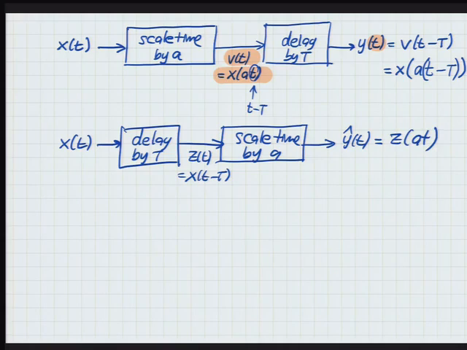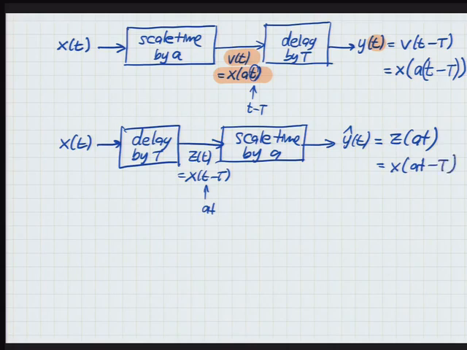So if time is equal to 1, evaluate z at time equal to a. What that means is I go back here and replace little t by a t. So the result is going to be x of a t minus capital T.